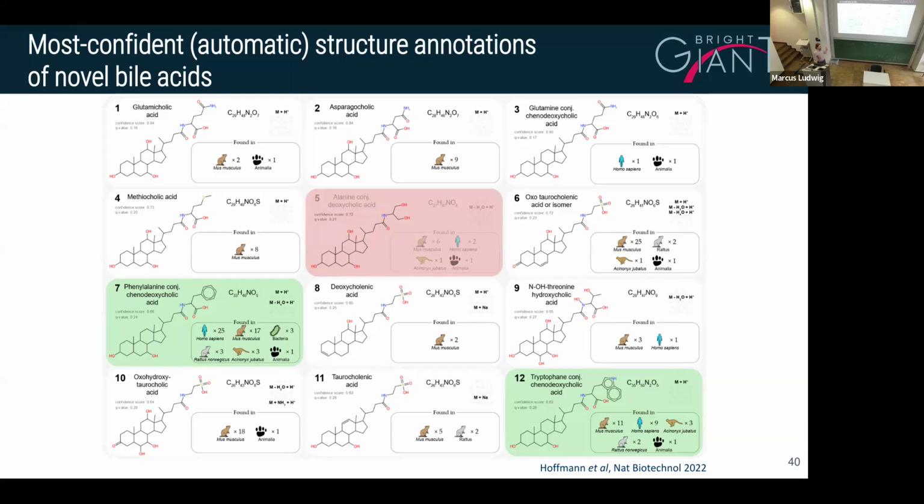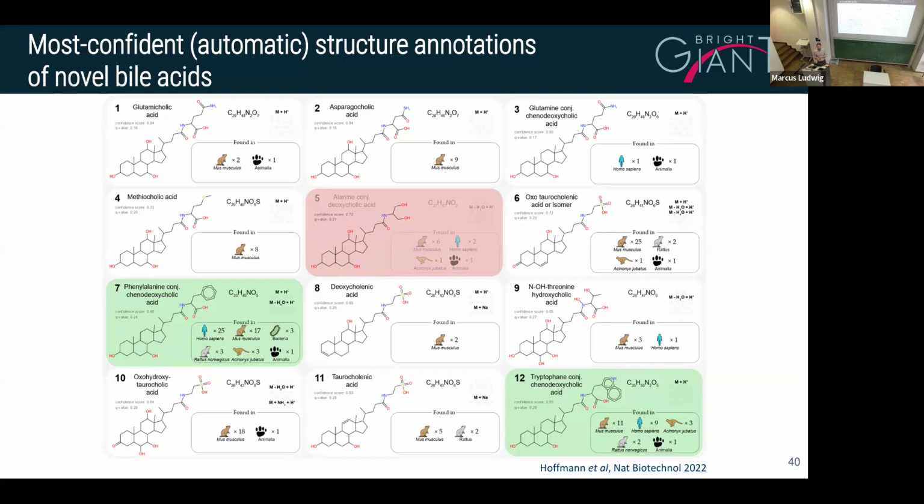So the way we did it was they just generated 30,000 hypothetical bile acid conjugates on the computer, because the structure is quite well known how to just derive novel bile acid conjugates with the core structure and the amino acid. And most of these 30,000 bile acid conjugates, they don't exist in nature, but now you have a database you can search in.